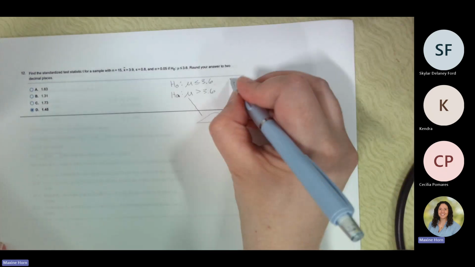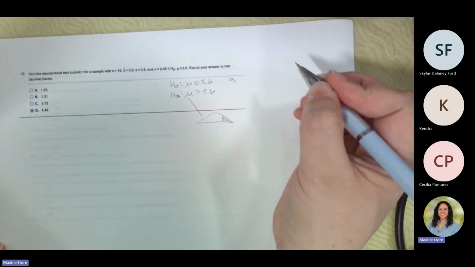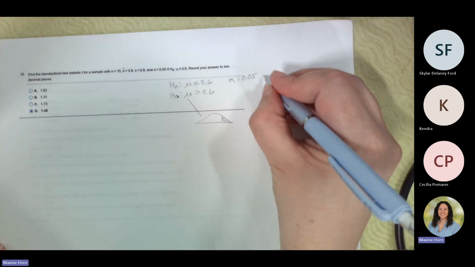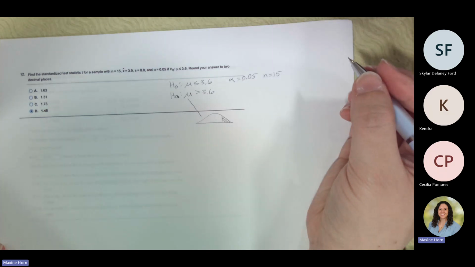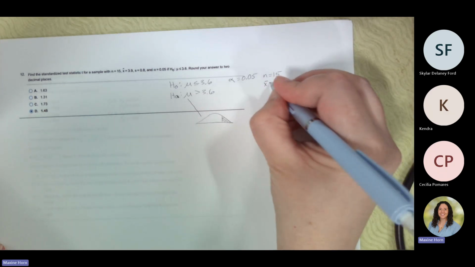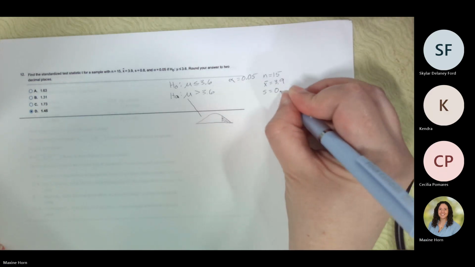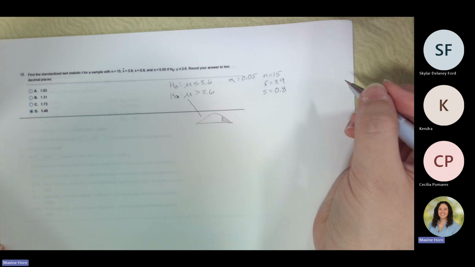And let's go ahead and write everything else they gave us. They want a level of significance of 0.05. And they gave us the sample size is 15. Sample mean is 3.9. The sample standard deviation is 0.8. Okay.